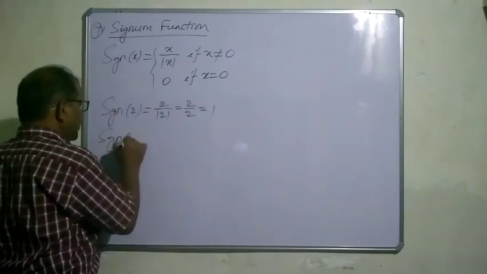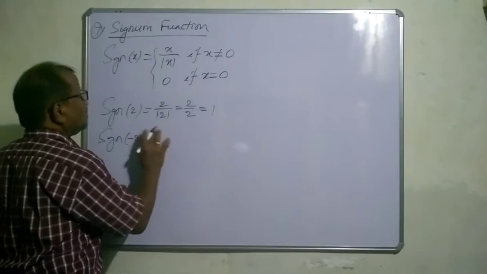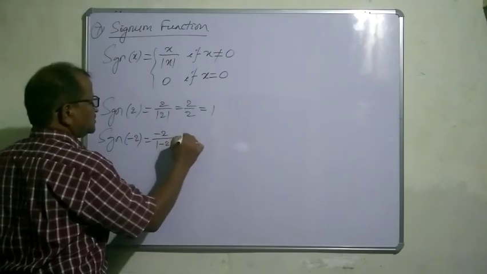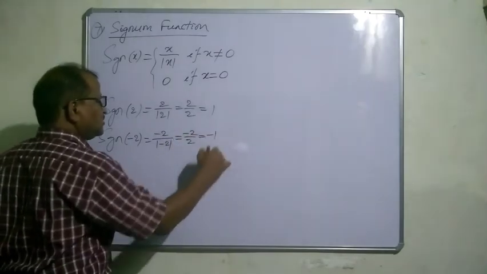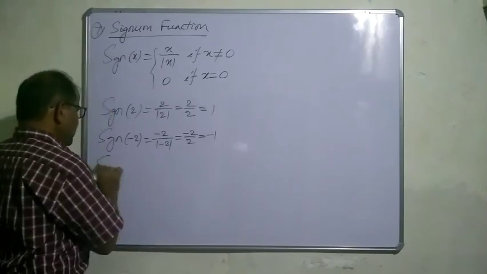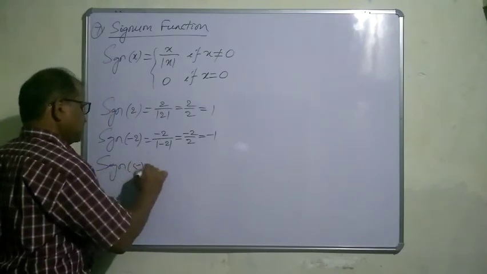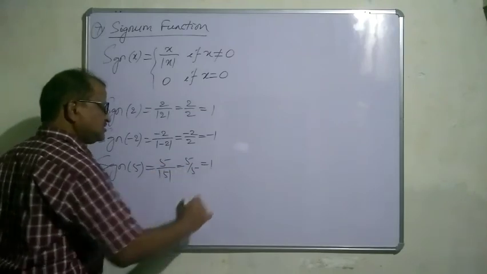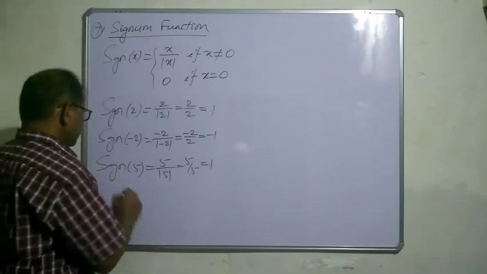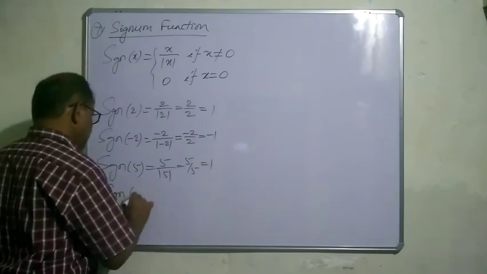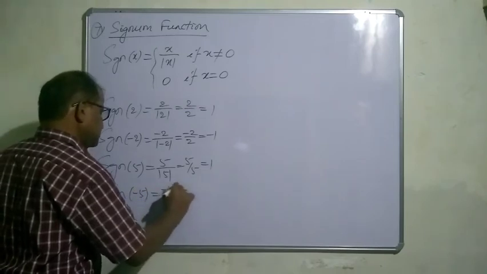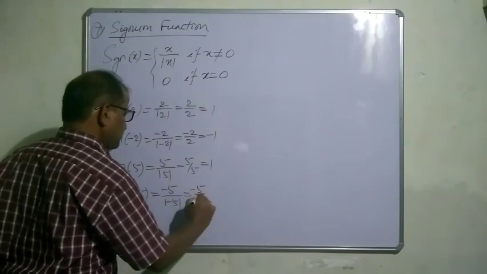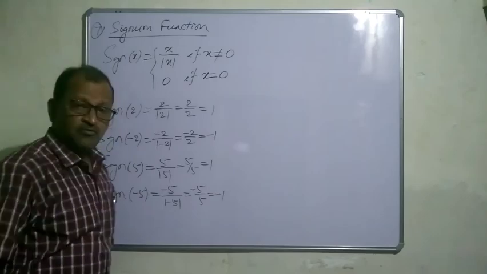Signum value of minus 2 is minus 2 by absolute value of minus 2, that is minus 2 by 2, that is minus 1. Signum value of 5 is 5 by 5, that is 1. Signum value of minus 5 is minus 5 by modulus of minus 5, that is minus 5 upon 5, that is minus 1.